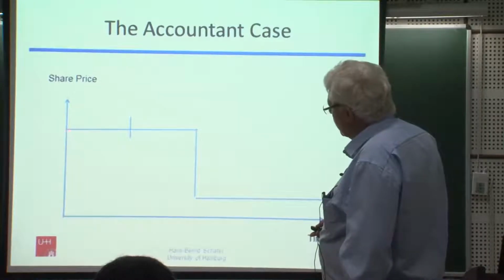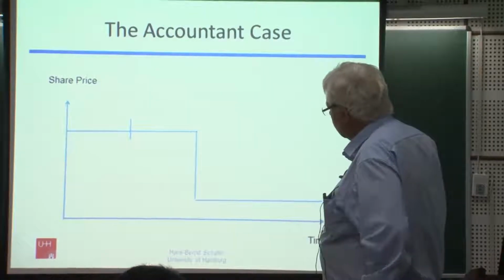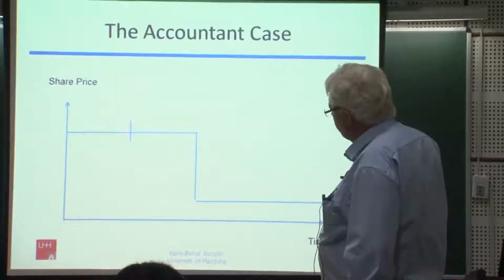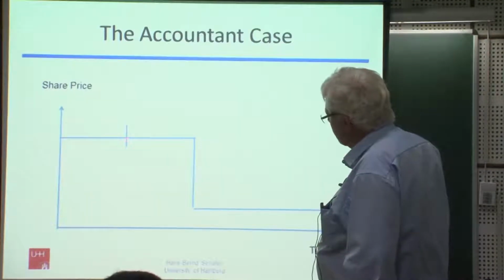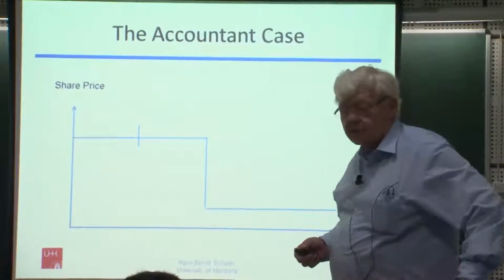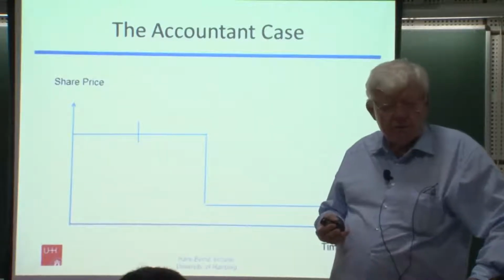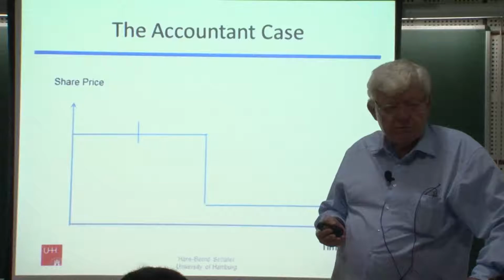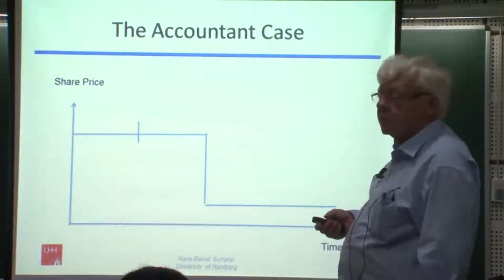And this is the share price here. Now, this here is the point of time when the balance sheet is published to the public, and the public gets the wrong information.